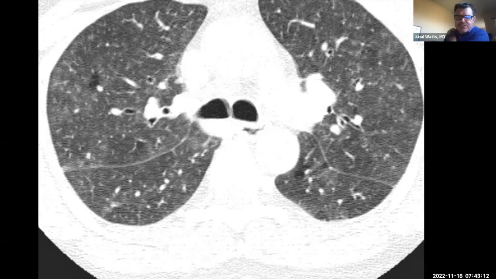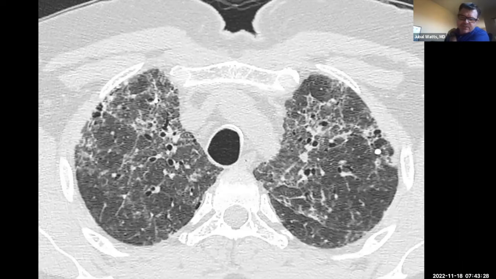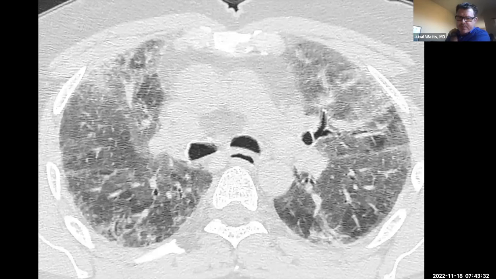And this is just an example of some poorly defined centrilobular nodules in somebody with non-fibrotic hypersensitivity pneumonitis. And here's an example of fibrotic hypersensitivity pneumonitis, which can be a mimic for UIP with the honeycomb changes in some cases, but it tends to spare the posterior bases and be upper lobe predominant. And here you can see that air trapping, mosaic attenuation in the bases.